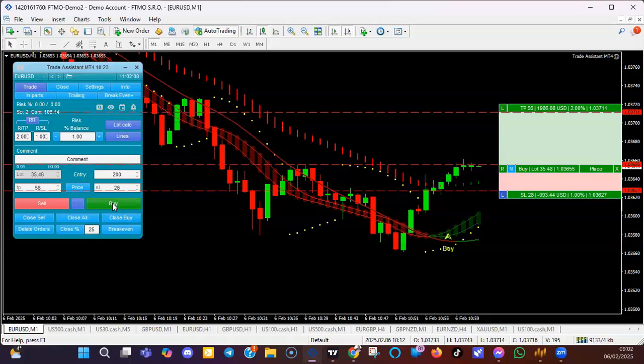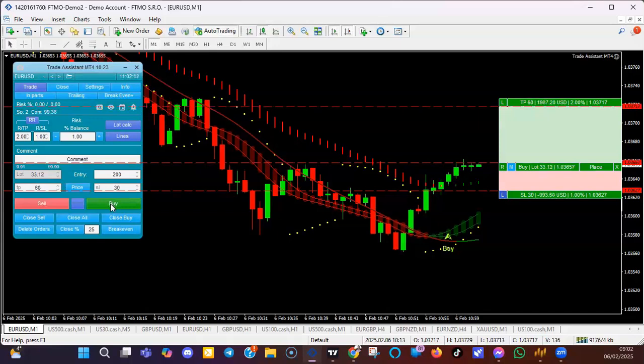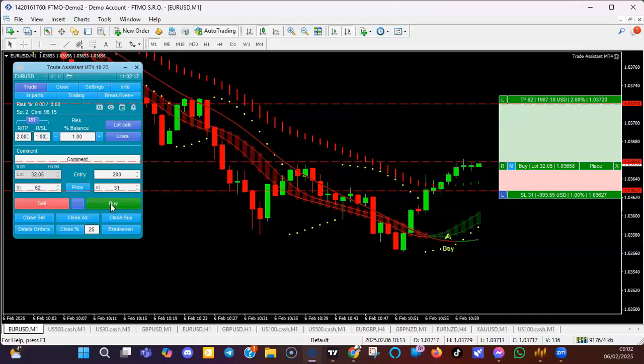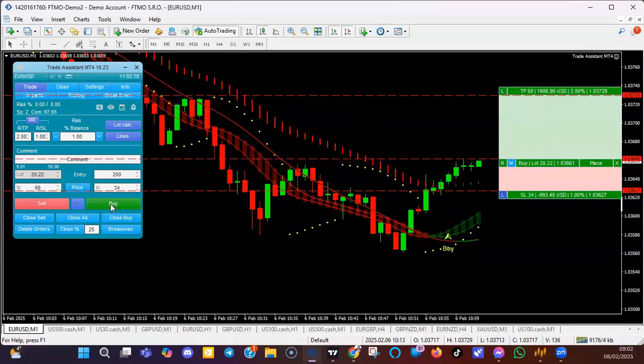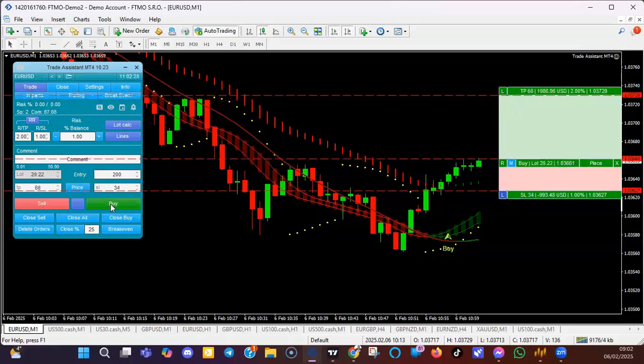Because the last 4 candles have been indecision candles, although they've been heading up. But there's so little volume around, then all of a sudden you might get volume that pushes it up even more.